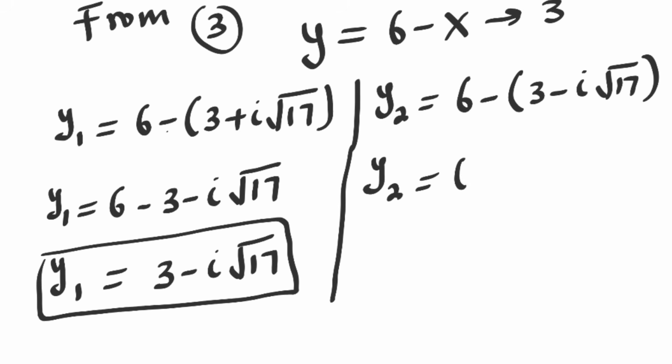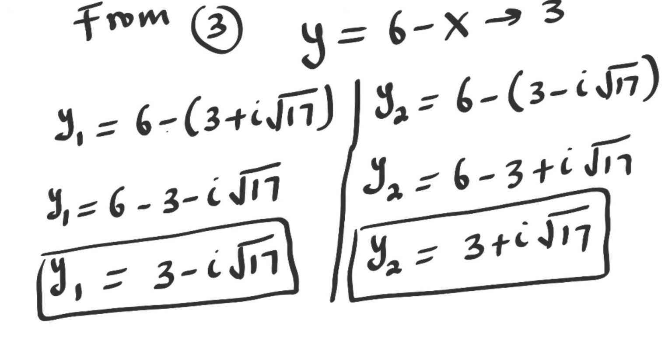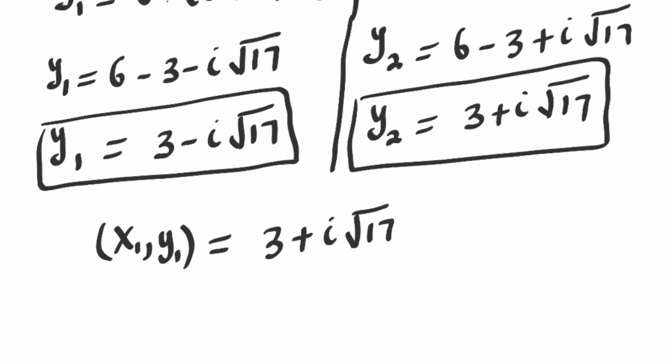y2 is equal to 6. If you open the bracket with negative, minus 3 plus i square root of 17. y2 is equal to 6 minus 3. This is 3 plus i square root of 17. Here is the value of y2. Therefore, our final answers are x1, y1 is equal to 3 plus i square root of 17, 3 minus i square root of 17.